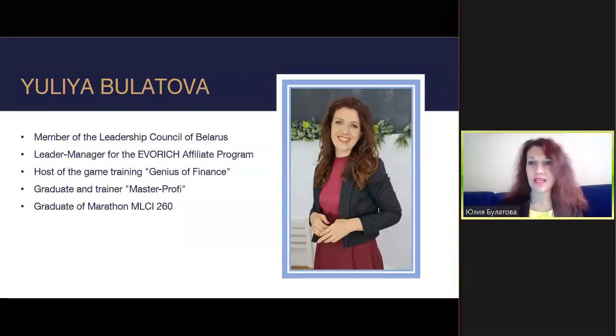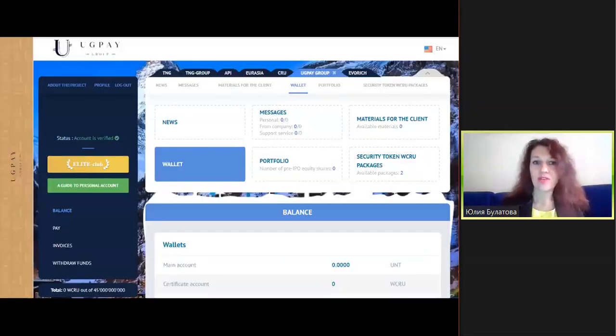You can see it on your screen. Change the slide in the English room, please. And go to Office UGPay group. As soon as you are there, you will be on this page and please press balance.